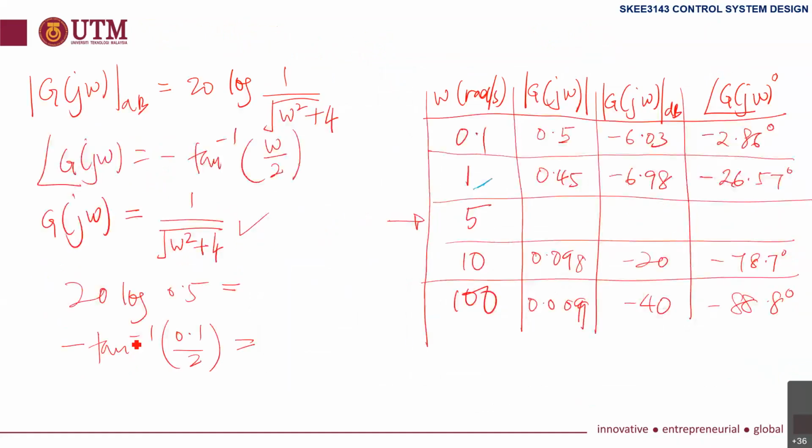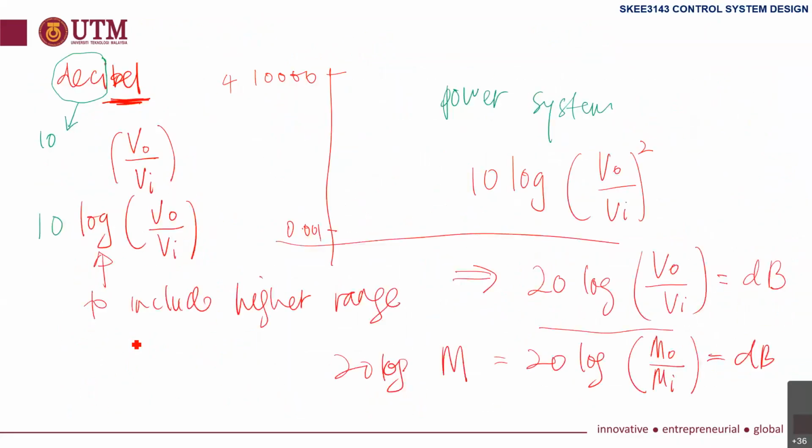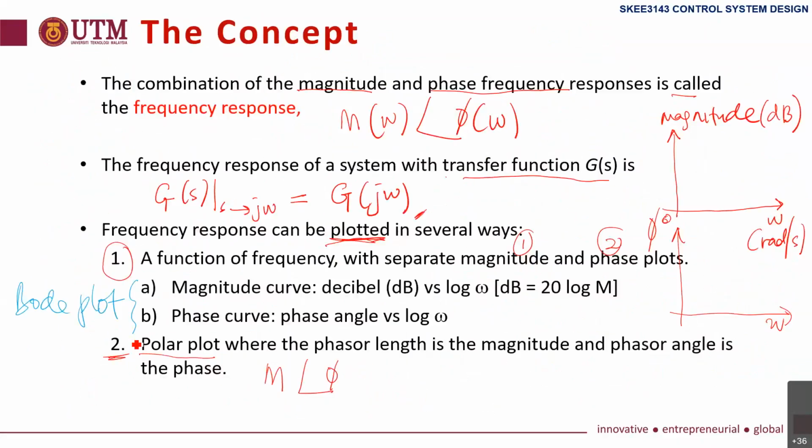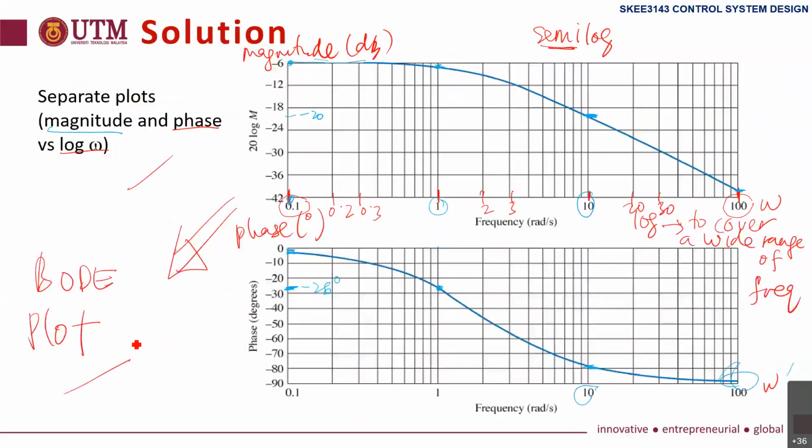The second technique, as I mentioned here, is the polar plot. In contrast to this, the polar plot tries to combine magnitude and phase into one plot.